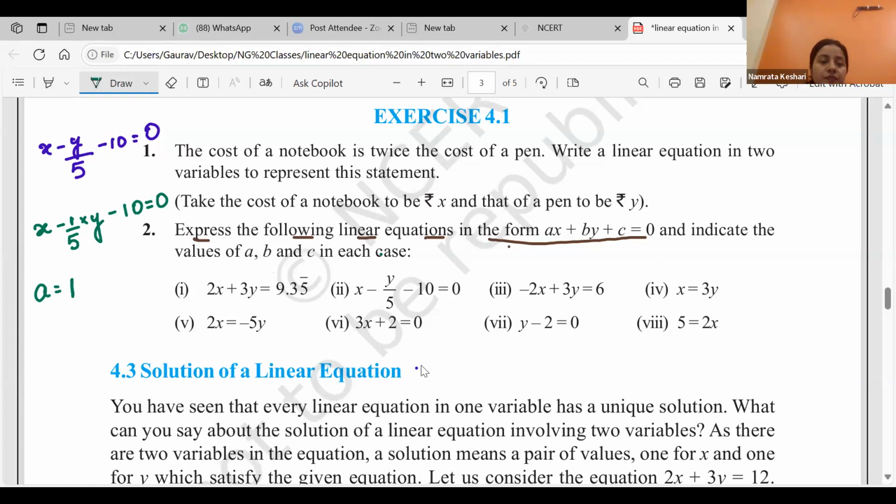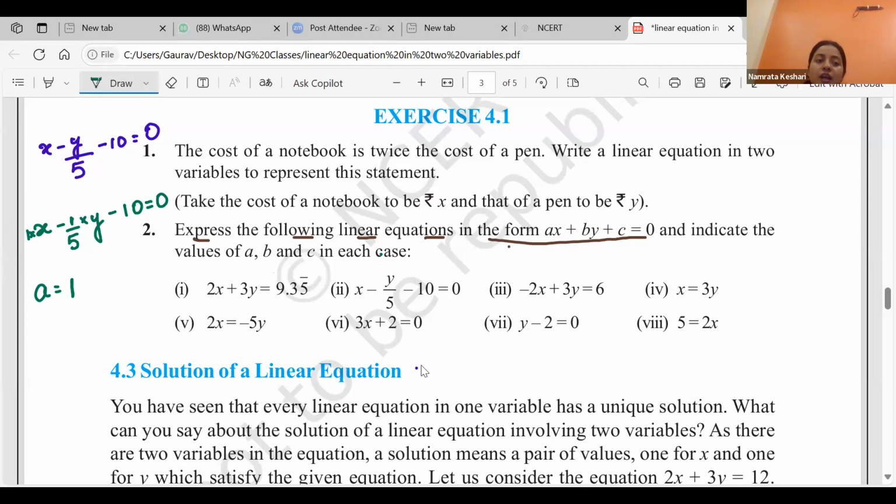Yes, ma'am. By mistake, we will not say that a is x. a is not x. a is the coefficient of x. Coefficient means multiplier. Whatever is multiplied with x, that is a. What is multiplied with x? Nothing over here. That means you can assume that 1 is multiplied with x, and that is your a.